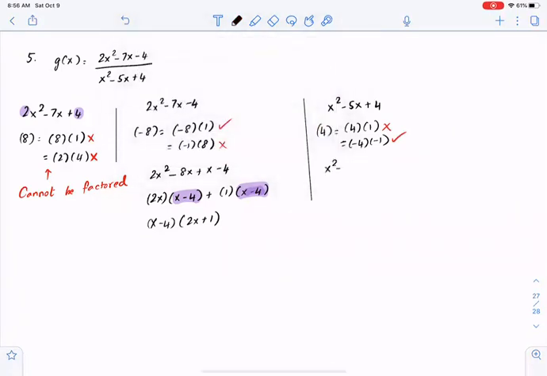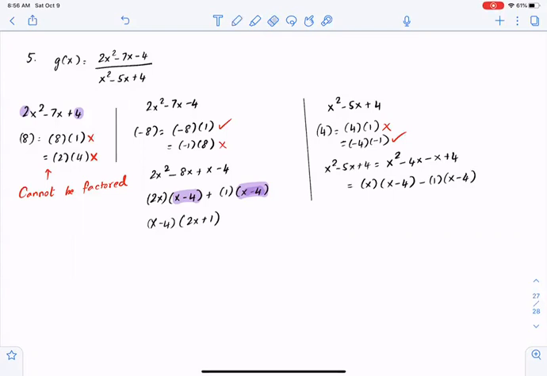So I could write x squared minus 5x plus 4 as x squared minus 4x minus x plus 4. In the first two terms, I have x. So I will have x times x minus 4 minus 1 times x minus 4.